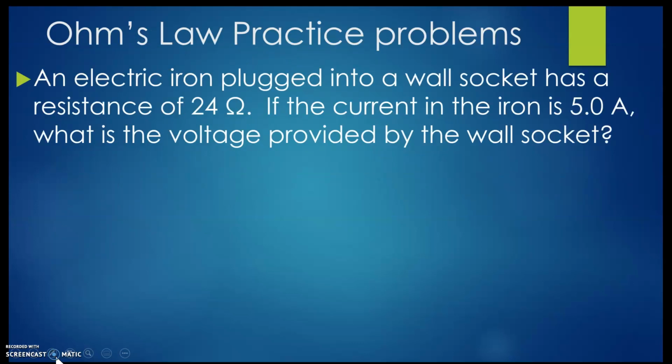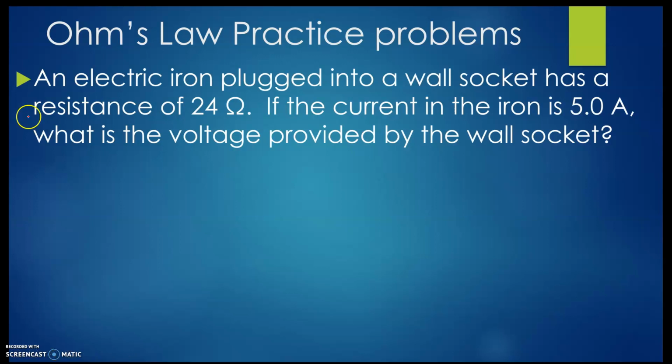Okay, let's look at our second problem. An electric iron plugged into a wall socket has a resistance of 24 ohms. If the current in the iron is 5 amps, what is the voltage provided by the wall socket? Okay, or provided by the outlet. Okay, so the first thing, again, that we want to do is go ahead and write down the information that's given.